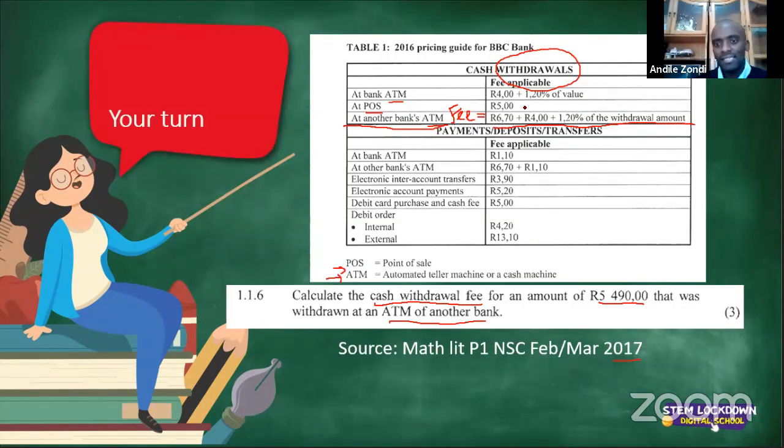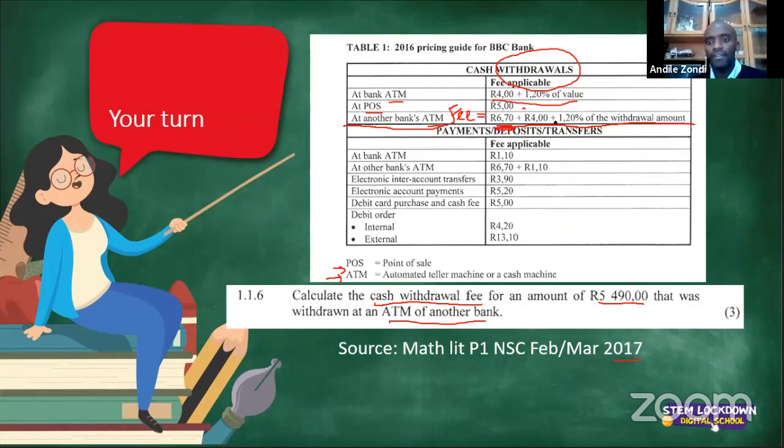Now notice, you need this. Where does this come from? It comes from there. So if you're withdrawing money from your own ATM, you're using this formula. But if you're withdrawing from another ATM, you need to add more money. They charge you more, right?